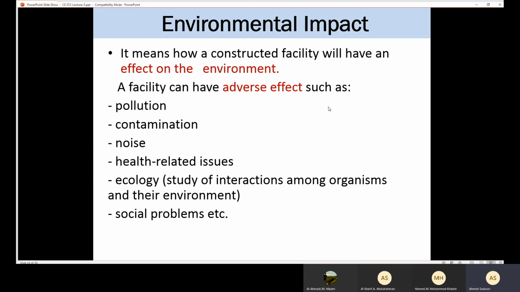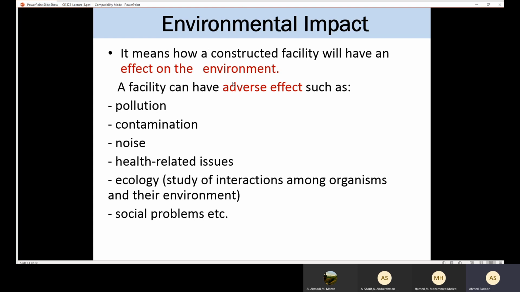For example, if you want to construct an industry or something like that, in this case, you are going to have pollution, or sometimes contamination. Some factories are going to discharge toxic materials into the environment, into rivers and seas. So that is an adverse effect.